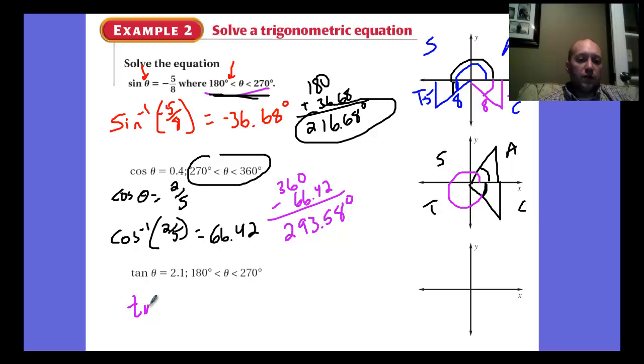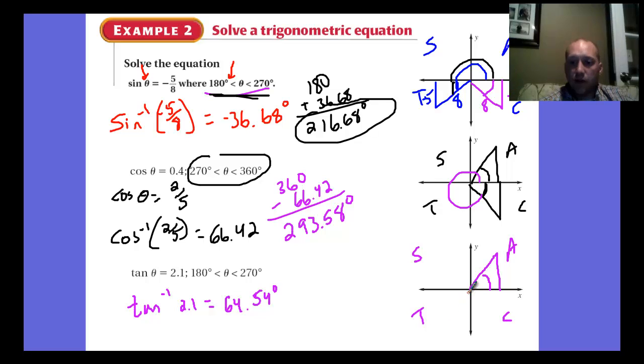The last one, tangent theta equals 2.1. So we can do the inverse tangent of 2.1 in degree mode, and it finds a theta value of 64.54 degrees. And so that's similar to the previous problem, about there, which is a triangle. So all students take calc. It's positive there, but where else is tangent positive?